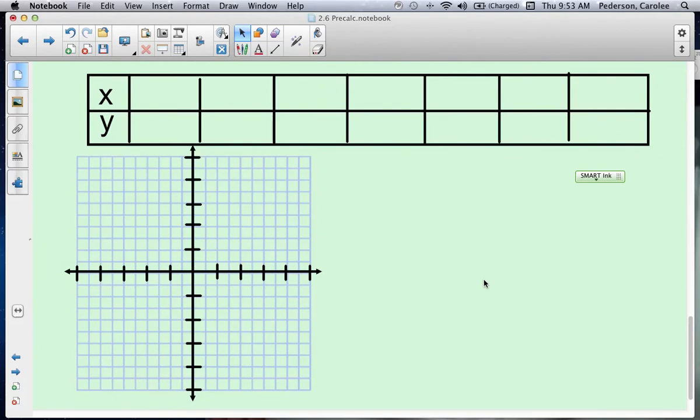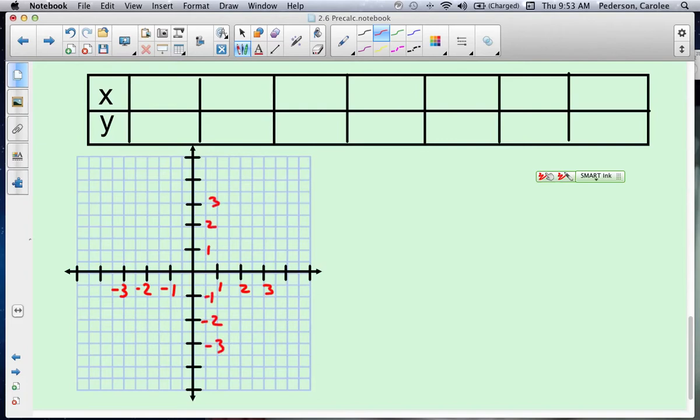And let's graph what we have so far. I just start with the beginning, step 1, and work my way down. So I'll call this 1, 2, 3, negative 1, negative 2, negative 3, 1, 2, 3.